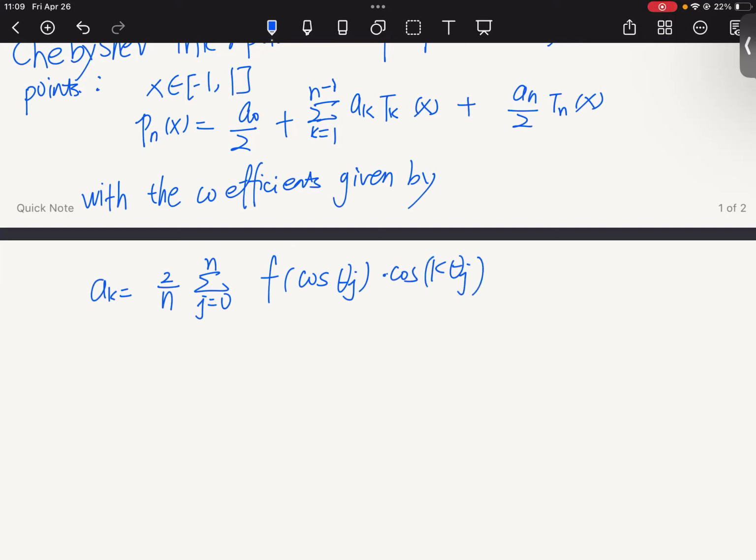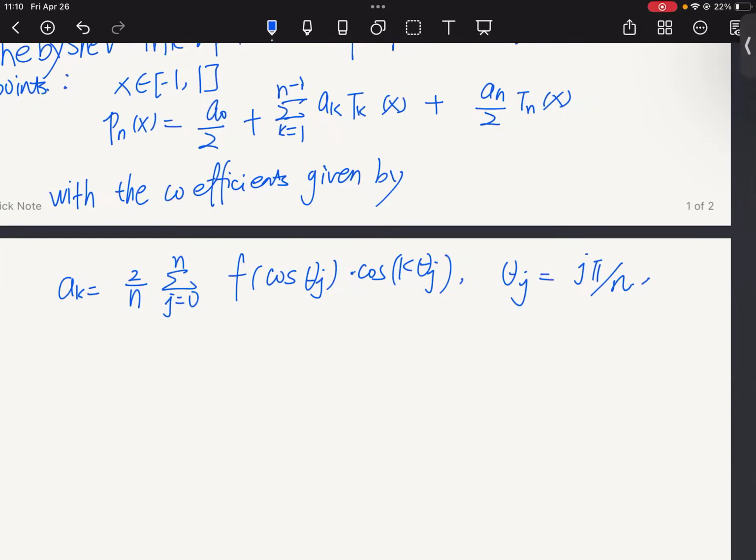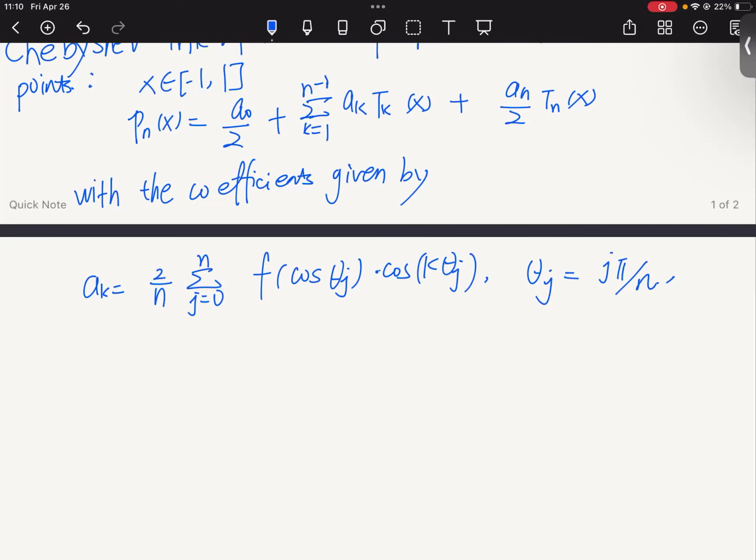At this moment you don't know the theta_j definition, but theta_j is just j pi over n, and k could go from 0, 1, up to n.